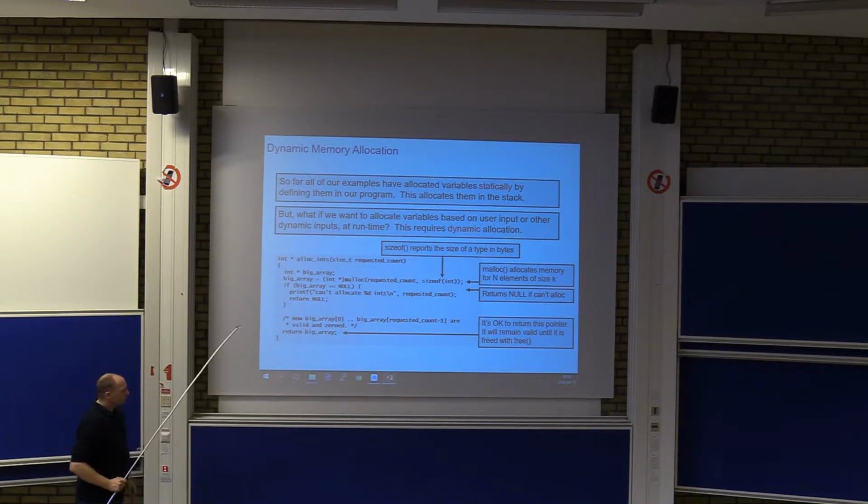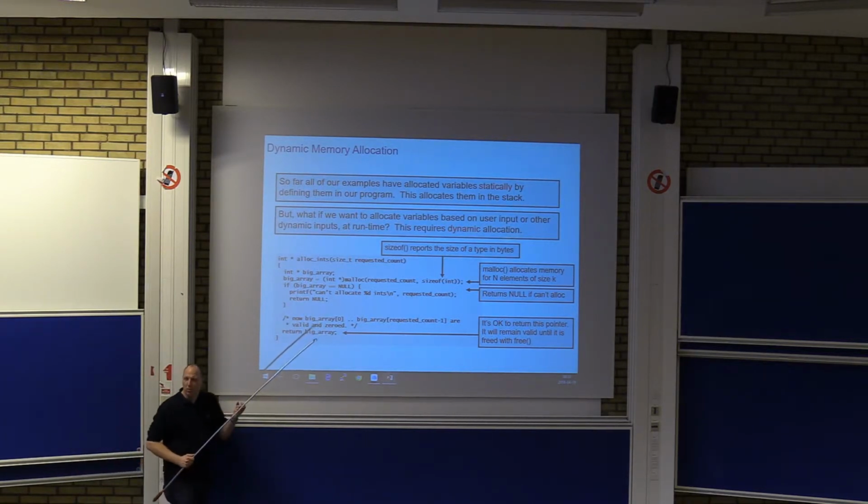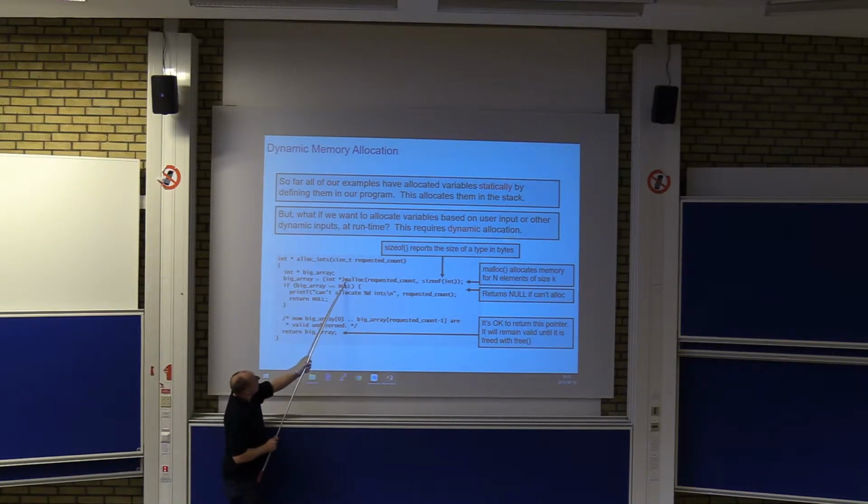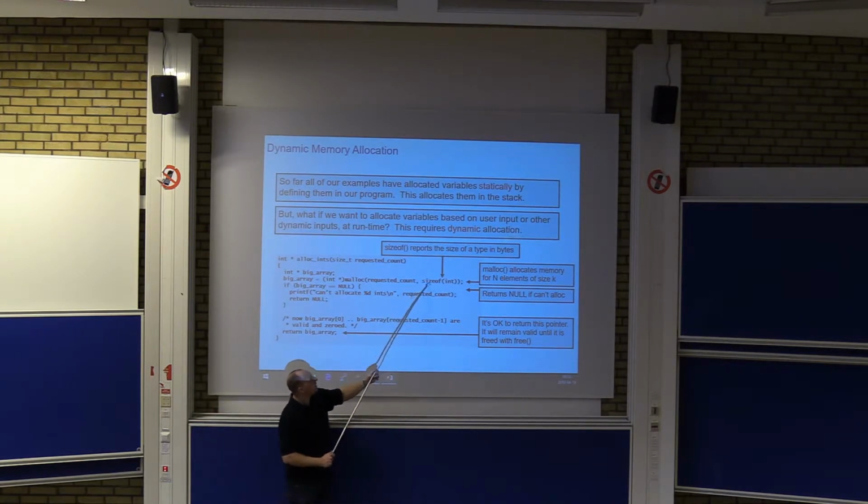Okay, so the operating system will now provide this functionality for you. There will be a function implemented by the operating system called malloc. When you call malloc, you send in two arguments: the number of elements that you would like to create, and for each element, the number of bytes.